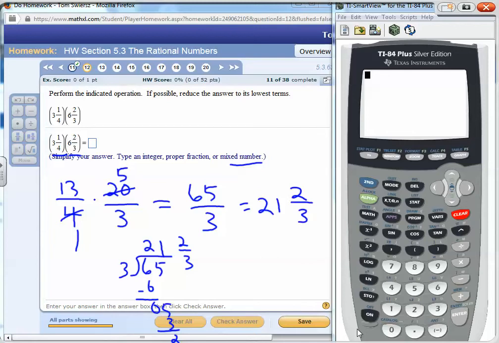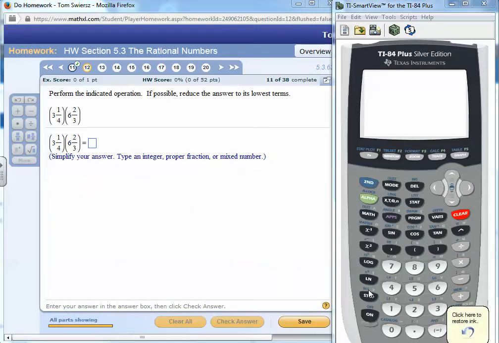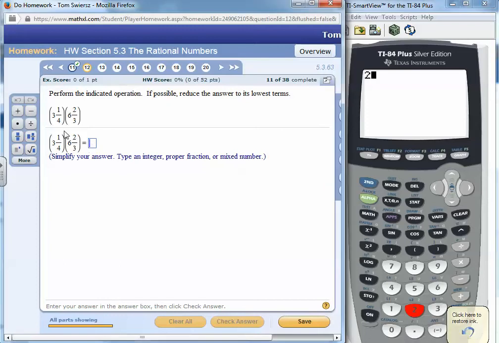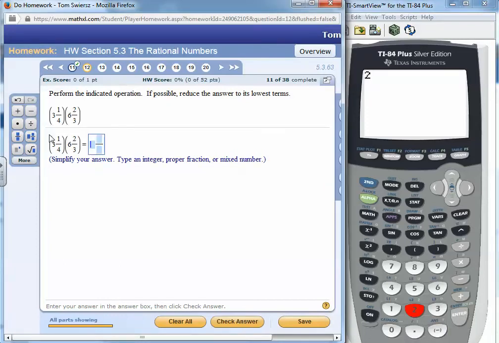Okay, that's how we would do it, pencil and paper. So we get 21 2/3.